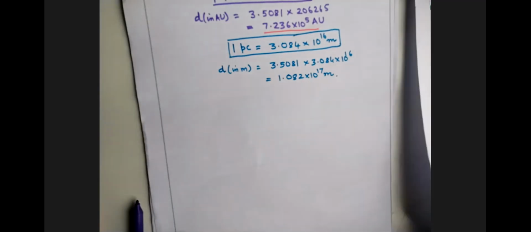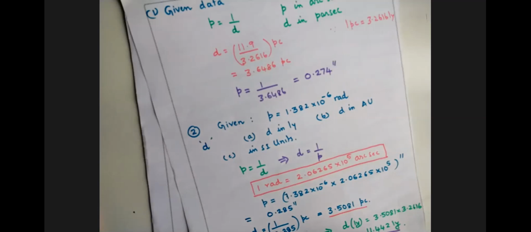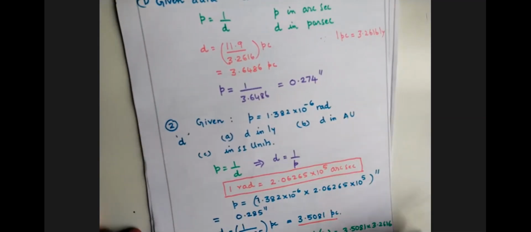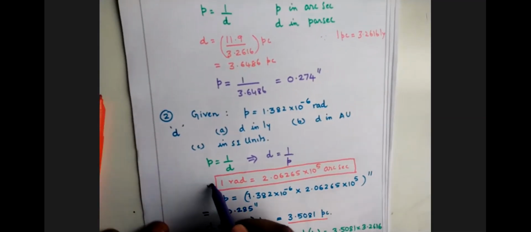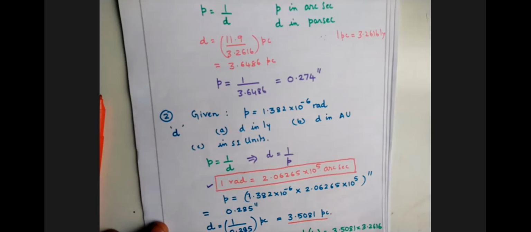We need to remember 4 important conversion factors here. The first conversion factor is 1 radian is equal to 2.06265 into 10 to the power of 5 arc seconds, one relation. Second one, 1 parsec is equal to 3.2616 light years.